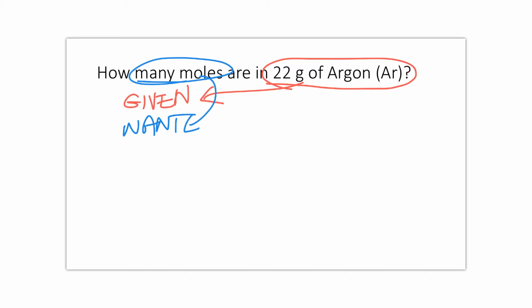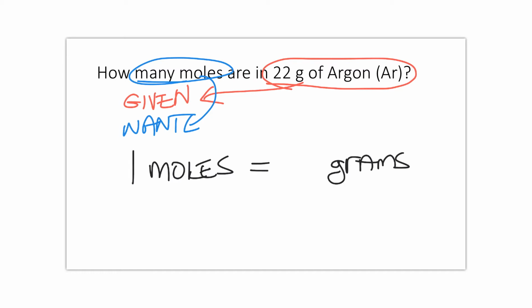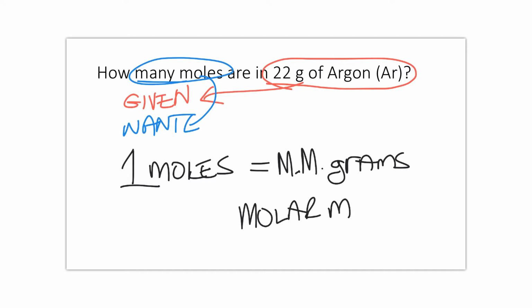All right. Now, the next thing I've got to do while I'm looking at this problem is figure out what is my conversion factor between moles and grams. And I know that 1 mole is equal to the molar mass, and we're going to abbreviate MM as molar mass, in grams.